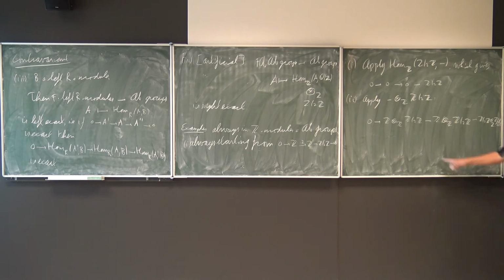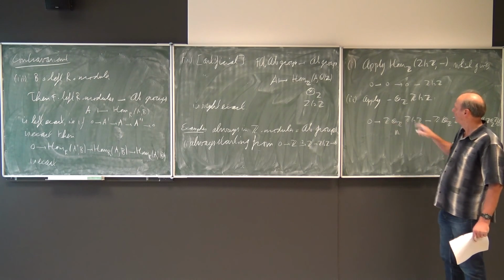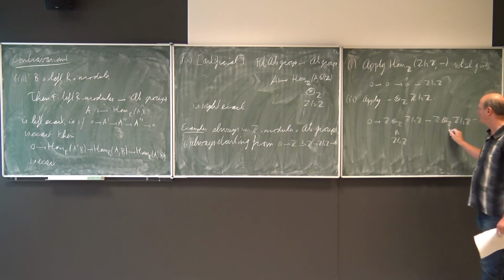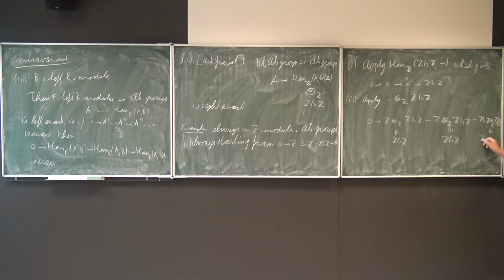And I told you that I can compute R tensor R modulo B is this B, so this is Z modulo 2Z. The same thing here. And from the exercise that I gave you, this is also isomorphic to Z modulo 2Z.